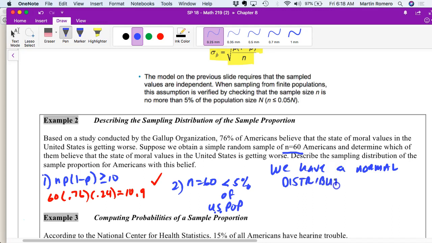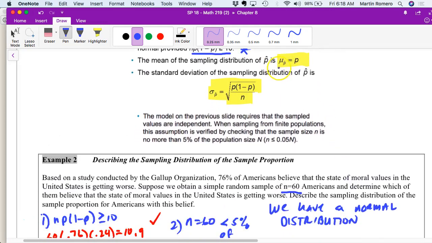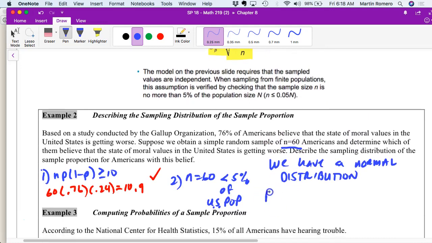Why is that important? It's important, again, because that allows us to use the normal model. And so what do we know? We know p is equal to the distribution of the samples, which is going to be equal to 0.76.